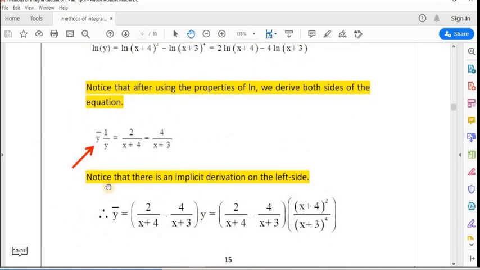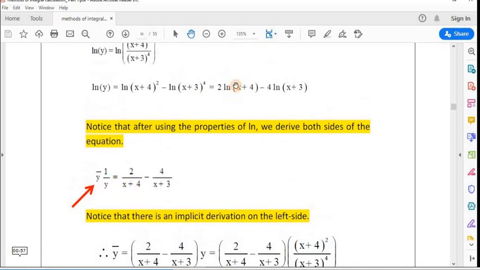Notice that there is implicit derivation on the left side, so it will be y' multiplied by 1 divided by y equal. We will take the derivation of the ln. It will be 2 divided by (x plus 4) minus, we keep the minus, and the derivative of this ln (x plus 3) will be 4 divided by (x plus 3).